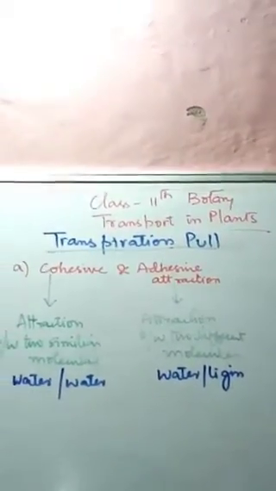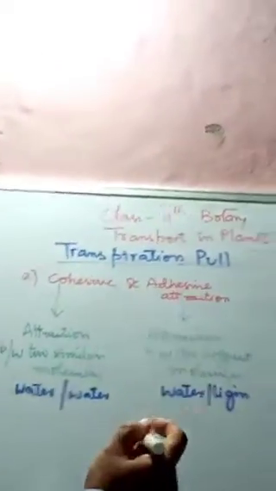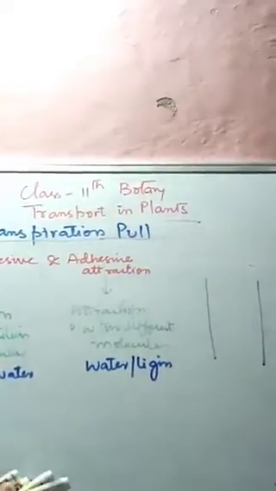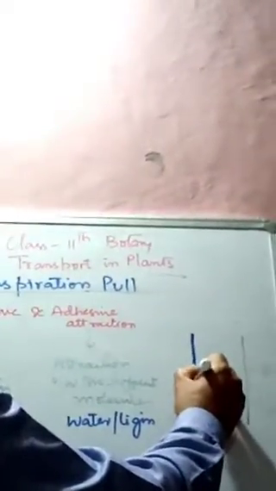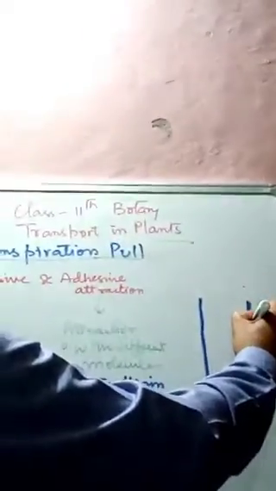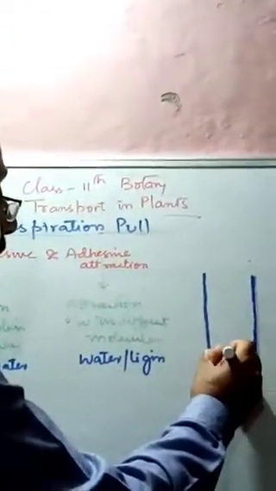Now I will try to show you this by a simple diagram. If this is the lumen of the xylem vessel, here we see this bluish layer, it is the lignin deposition. For example, these are water molecules, reddish.